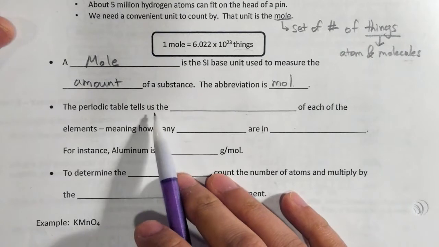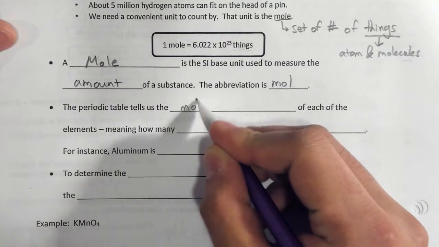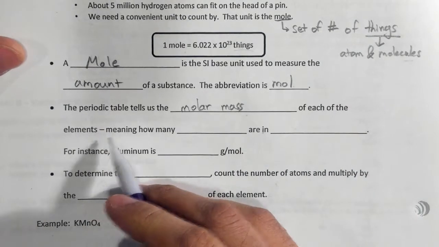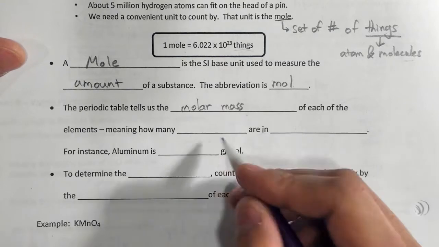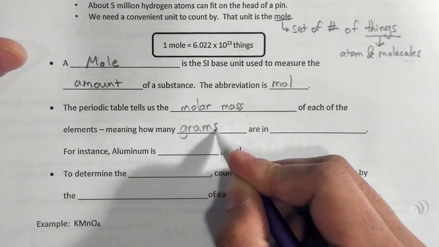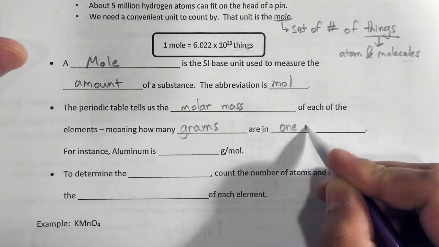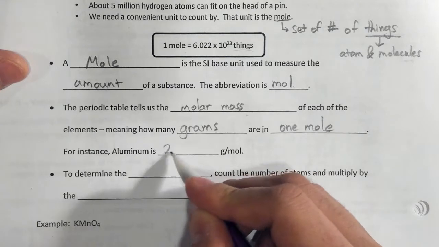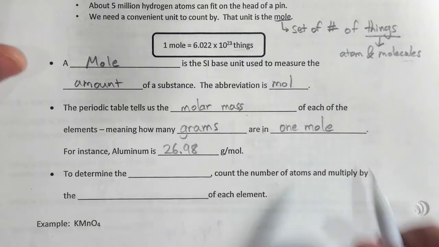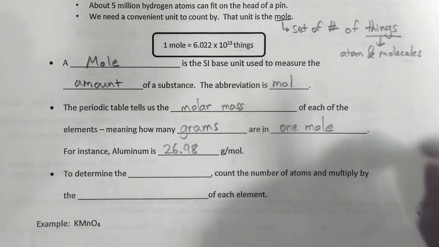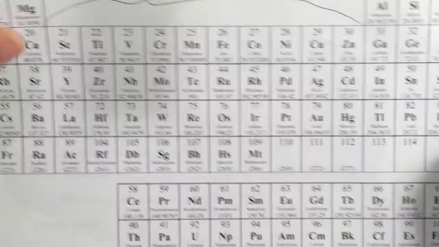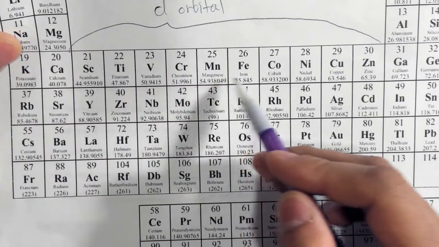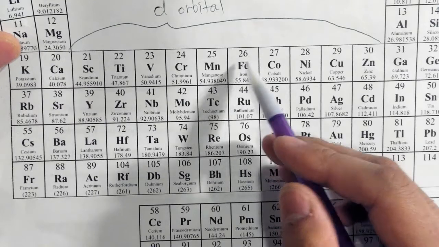The periodic table tells us the molar mass of each of the elements, meaning how many grams are in 1 mole. For instance, aluminum is 26.98. When we look at a periodic table, we see all these numbers below the names of the elements.